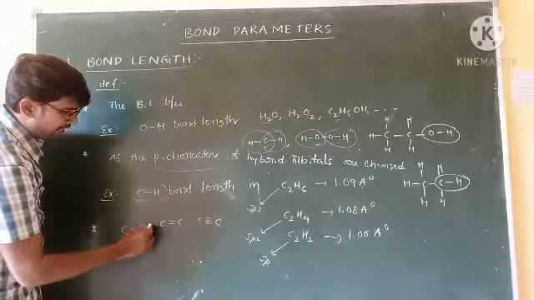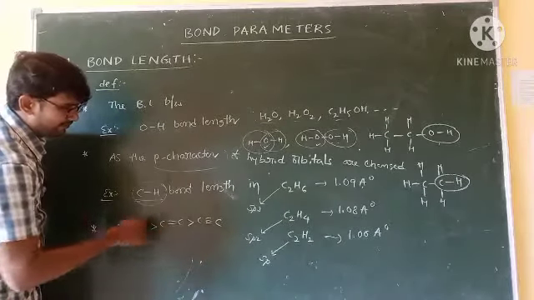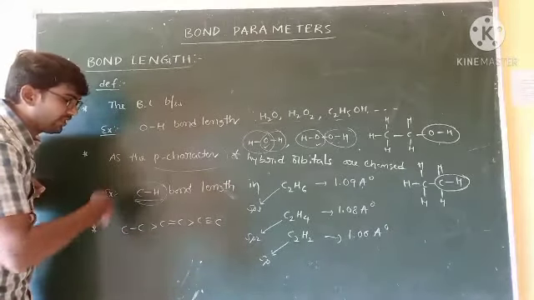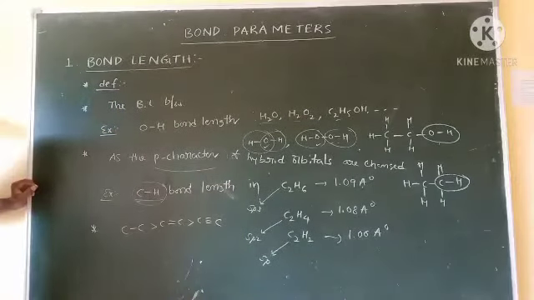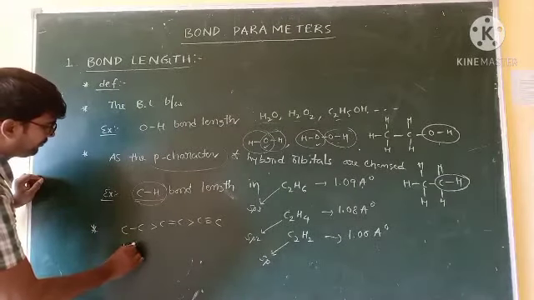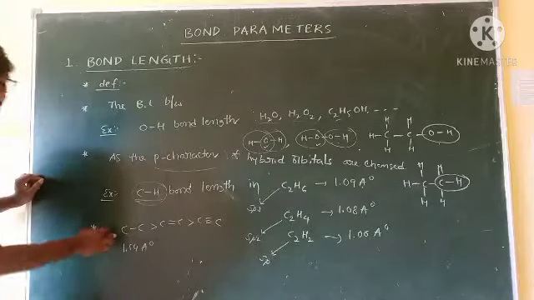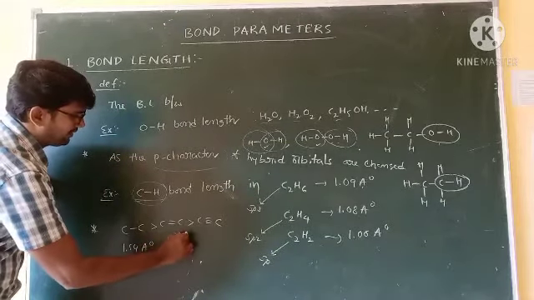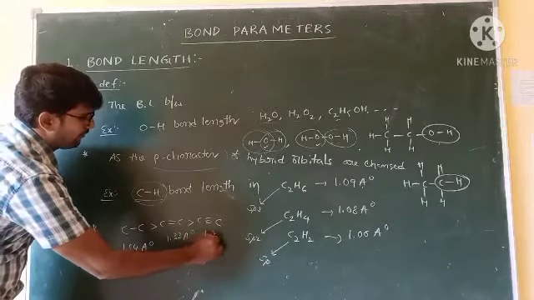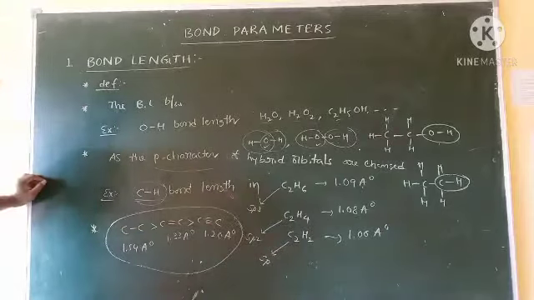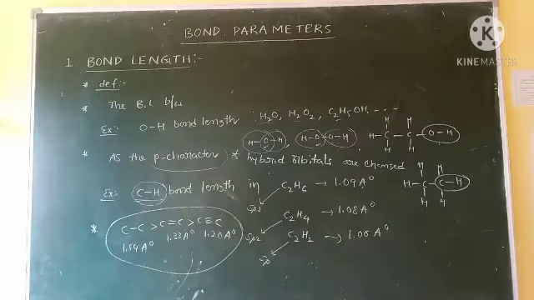These bond lengths decrease as multiple bonds increase. When more bonds are present between the atoms, the bond lengths decrease. And what are the values here? 1.54 angstroms. Second one 1.33 angstroms. Third one 1.20 angstroms. These are important bond lengths.